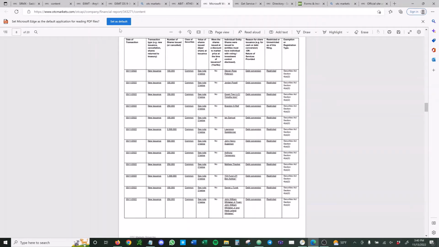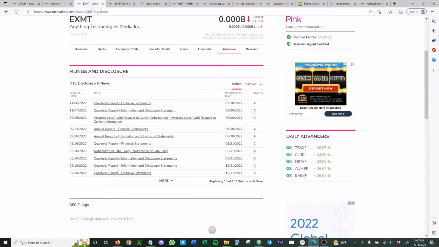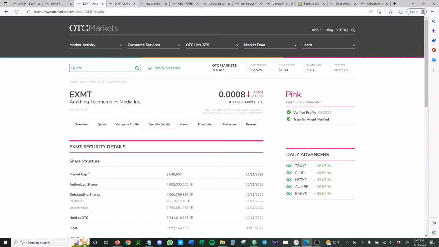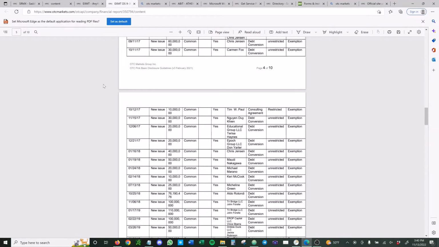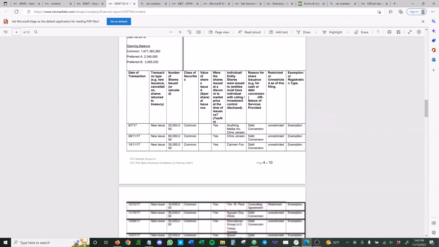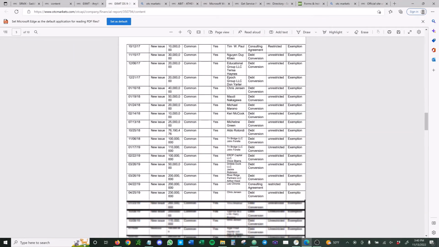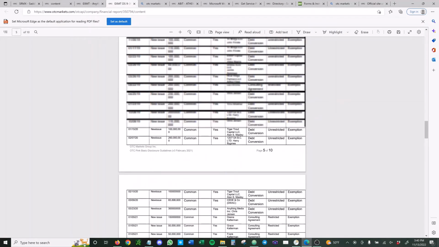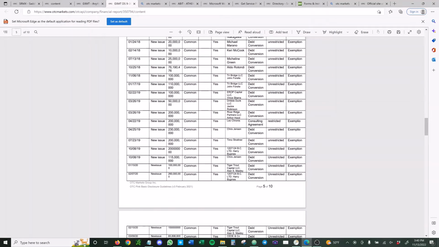And then we had another example. I mean, there were a couple I pulled up. So we have like EXMT. They have 780 million shares that are restricted when you look at their report. They have a lot of stuff for debt conversion, and those are unrestricted. But we do have some other restricted shares that came in with consulting agreements. I think there was one up here, another consulting agreement.